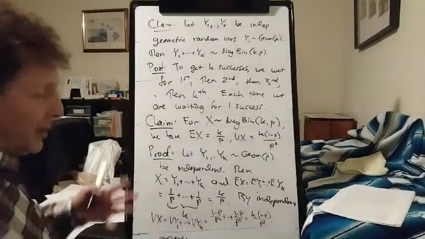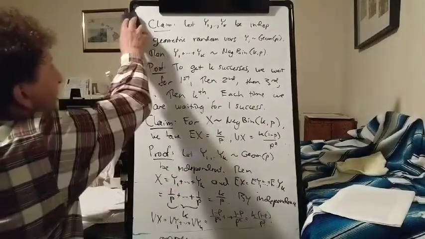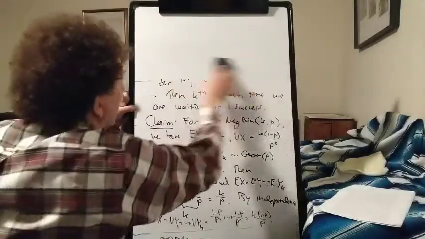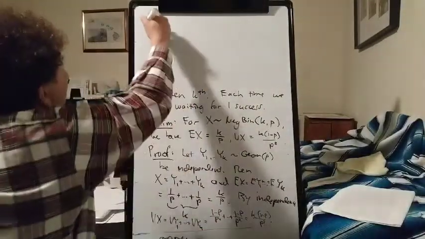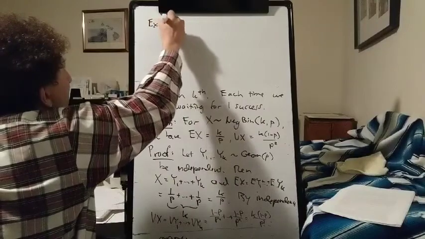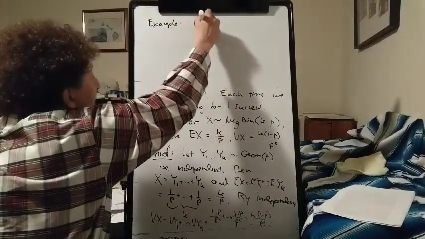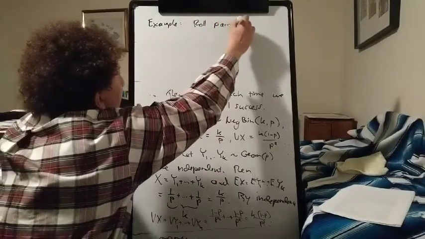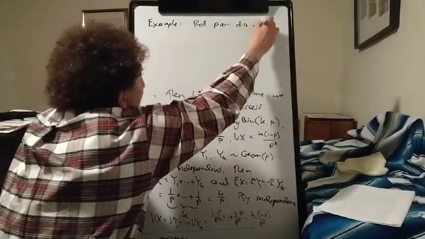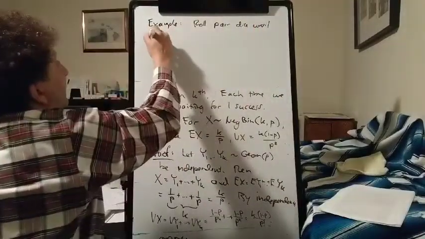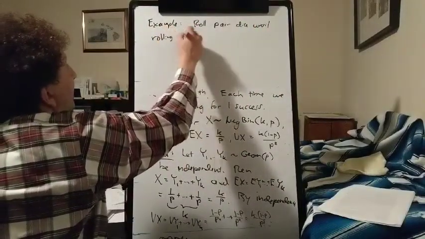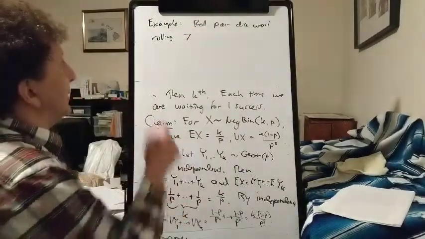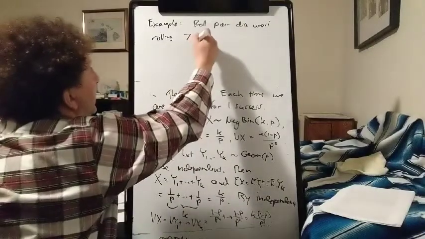So let's do an example. Let's continue the example that we used for the geometric random variable. So we said we would roll a pair of dice until rolling 7. So we stopped with the geometric experiment when we got 7 for the first time.